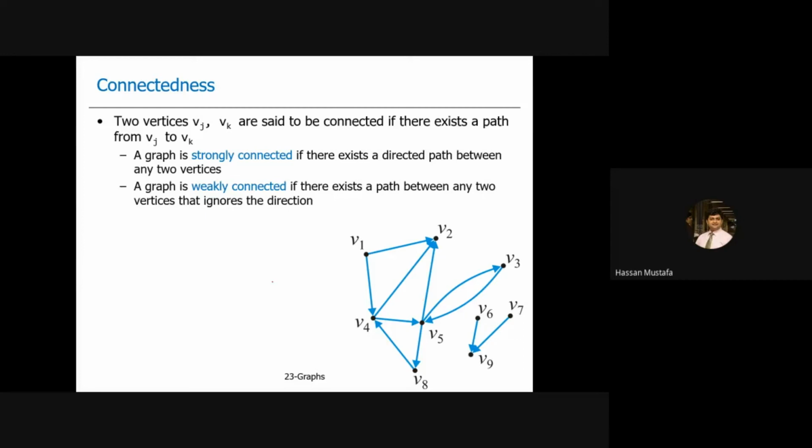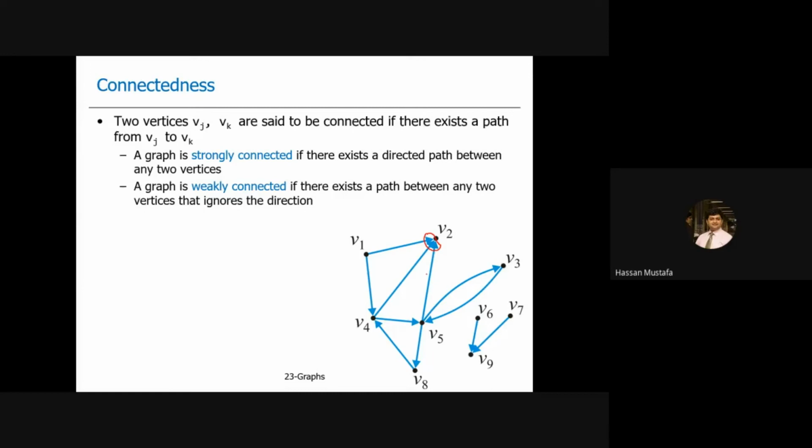On the other hand, there can be cases when I just drop the direction of the edges and the graph becomes connected. If I consider this graph as an undirected graph, and that underlying undirected graph is connected, it means that the graph is weakly connected.